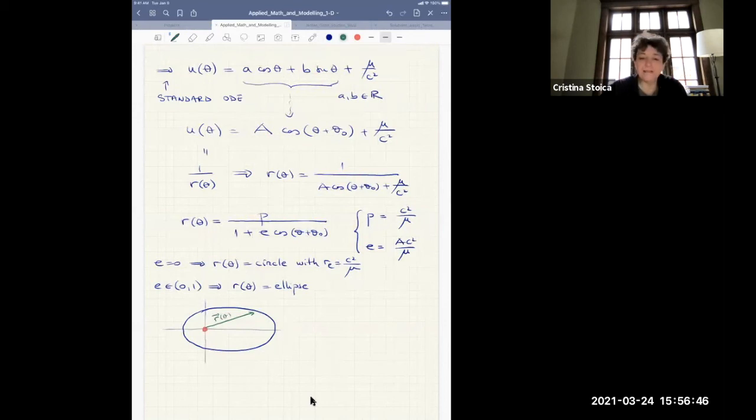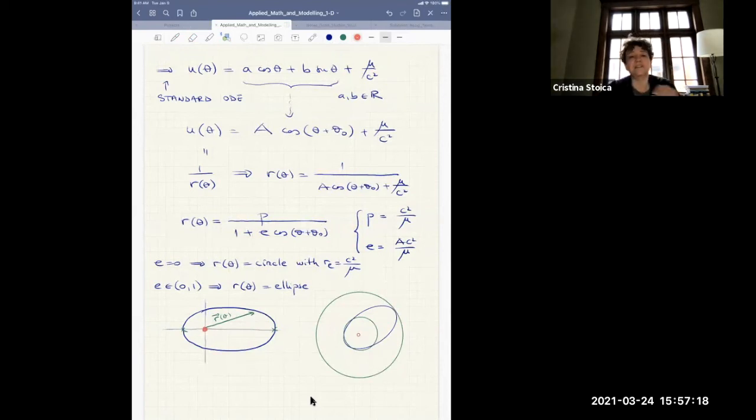So it goes like this, and it goes all around. So the motion is between an r min and an r max, but it is a very particular type of motion, isn't it? Because remember how I had the rosette moving around? For gravitation, that rosette is not moving, it stays fixed.